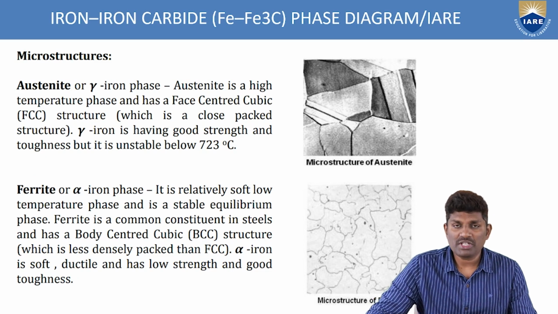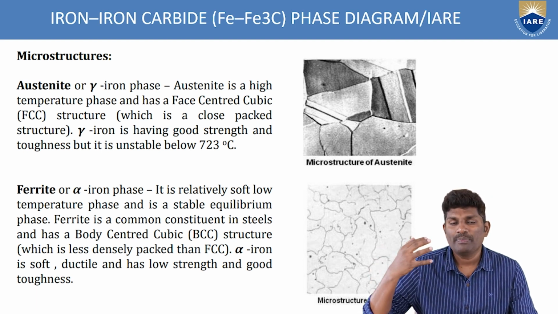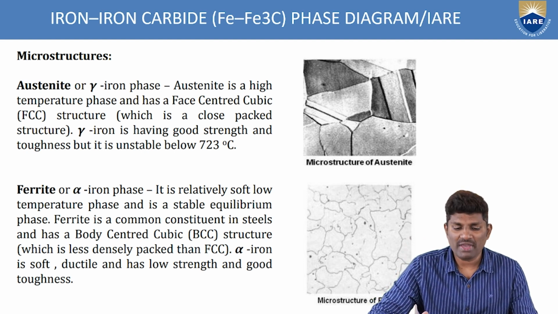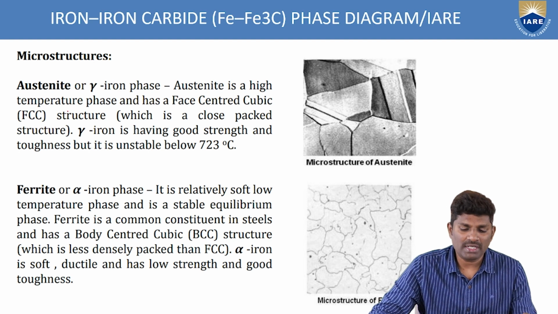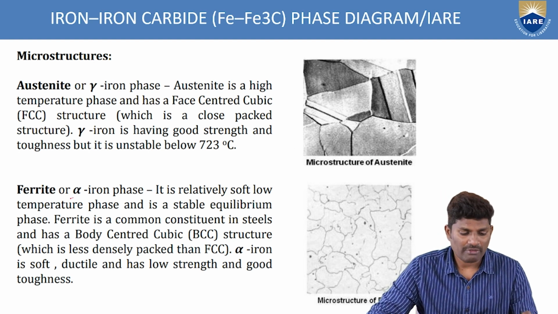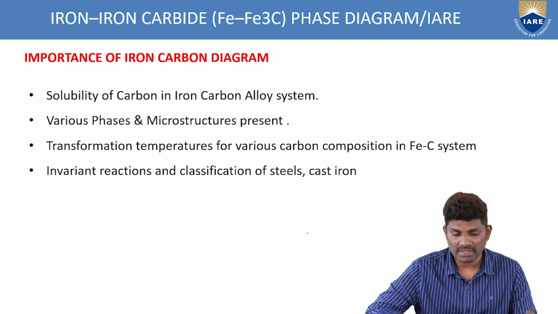And if you see the microstructure of each austenite or ferrite, all the changes from BCC to FCC and then FCC to BCC, that means the development of the microstructure, you can observe at each point of interval in the phase diagram. First you can see the austenite, so it will look like this when you see through the microscope. And ferrite, again the alpha component, so this is the microstructure of the ferrite.